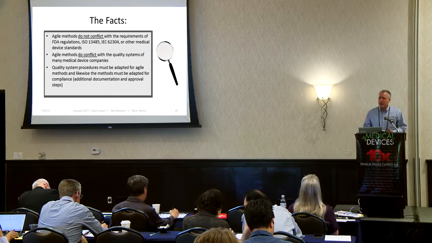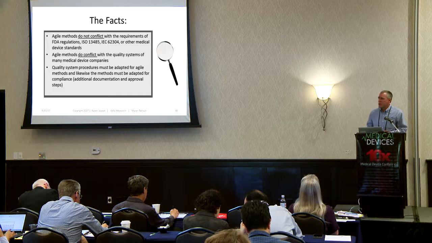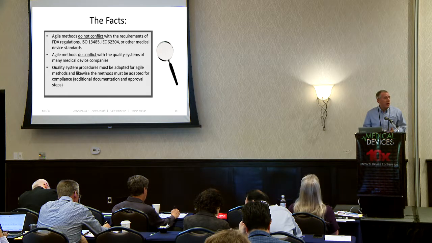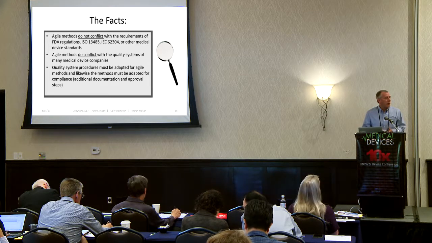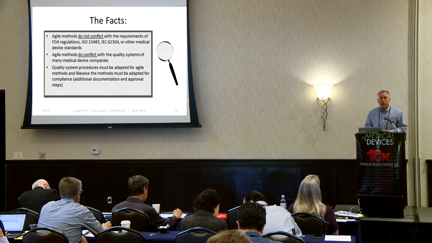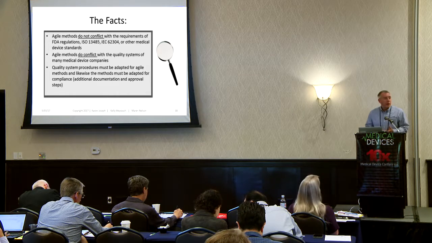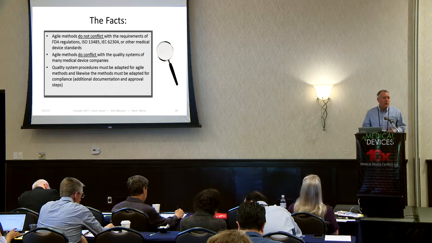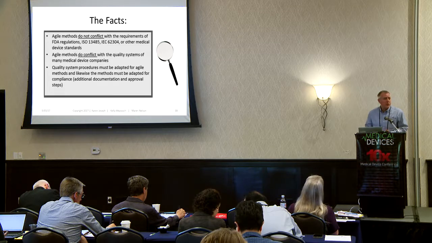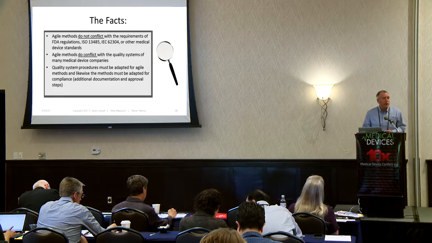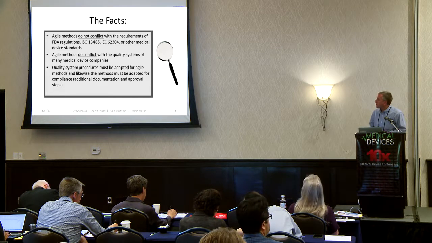Sometimes they specify exact documents that have to be produced. Sometimes they specify how different teams and organizational structures must work to create those documents and do their development activities. So the Agile model needs to be aligned with the SOPs, with your standard practices. Sometimes your processes need to change, and sometimes Agile needs to change to adapt together.